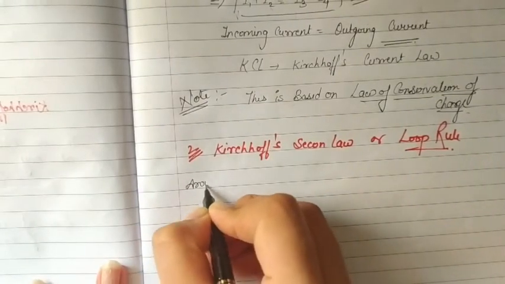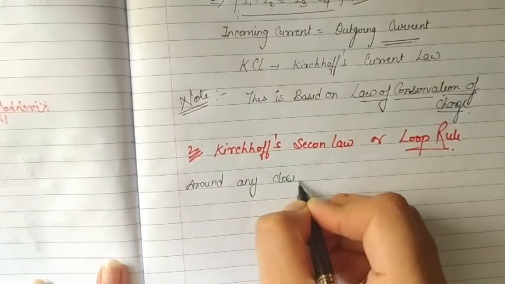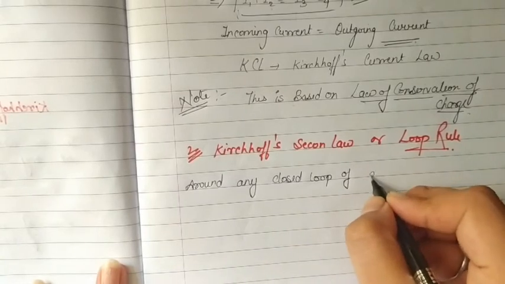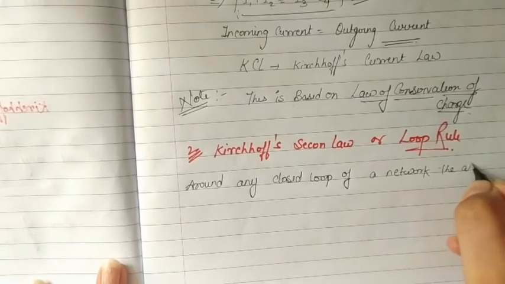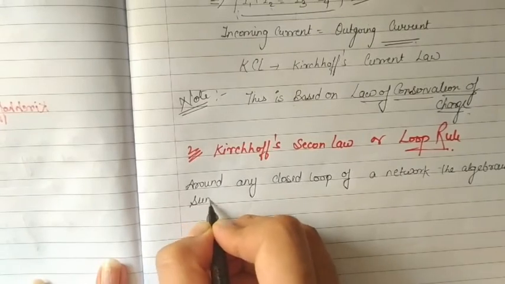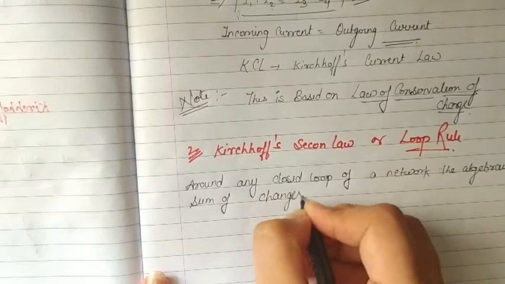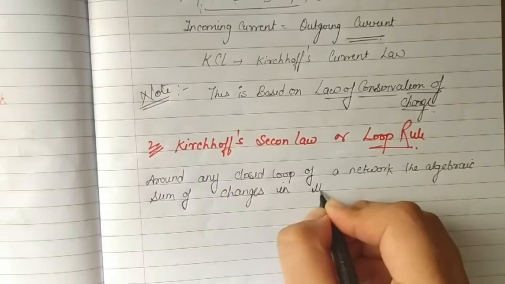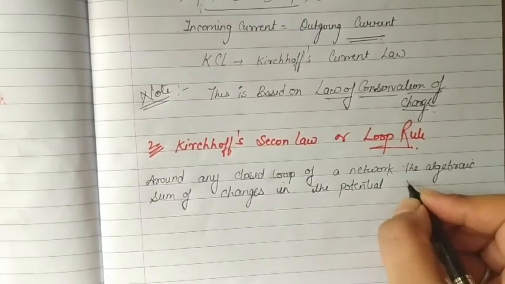Around any closed loop of a network, the algebraic sum of changes in the potential must be 0. Right? We have to look at the sum of changes in the potential.